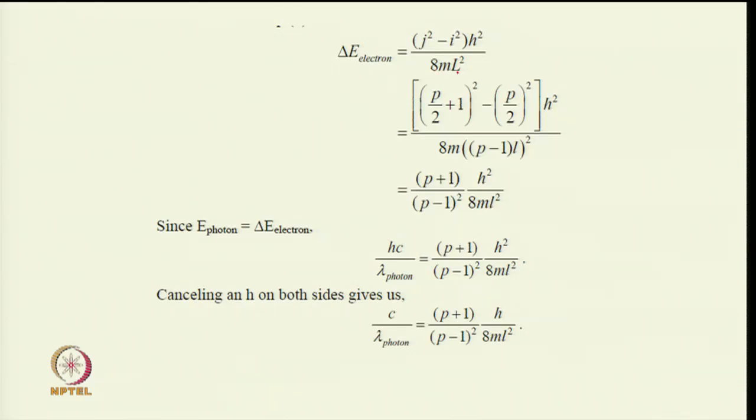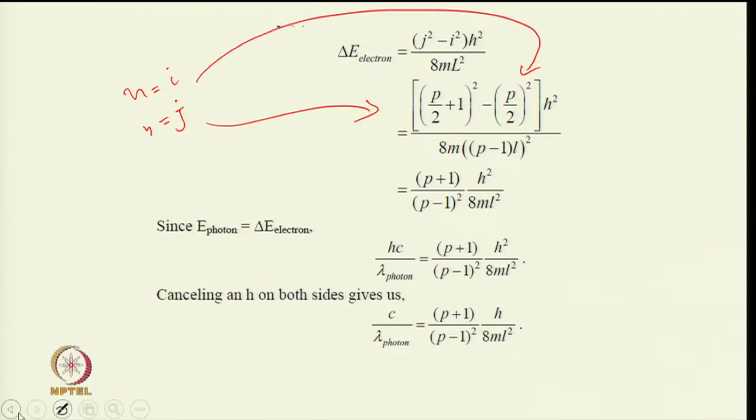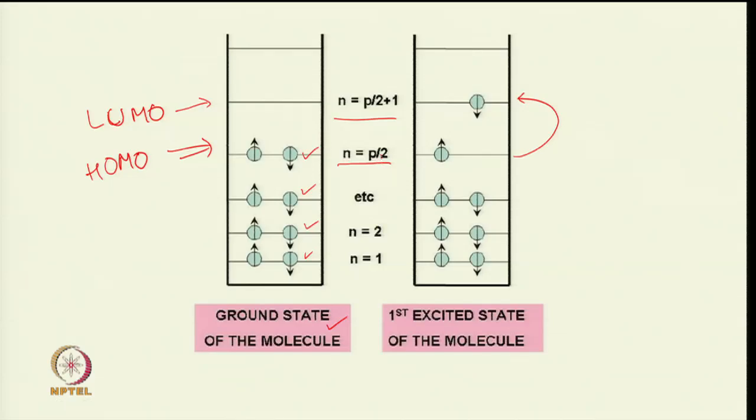What I am giving is, when I go from n equal to i to n equal to j, this will be the delta E for the electron, and we just saw that j will be given by p by 2 plus 1, whereas i will be given by p by 2. If you remember, for HOMO n is equal to p by 2, and for LUMO n is equal to p by 2 plus 1.